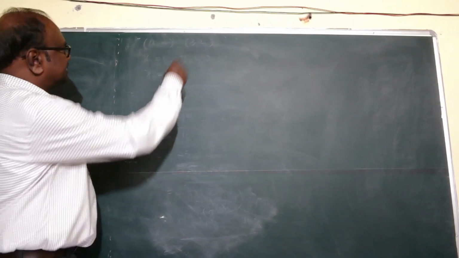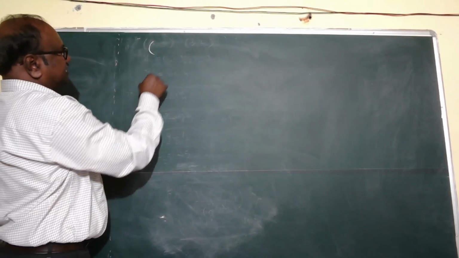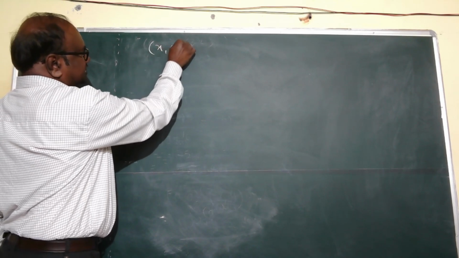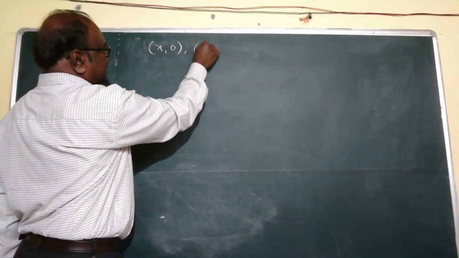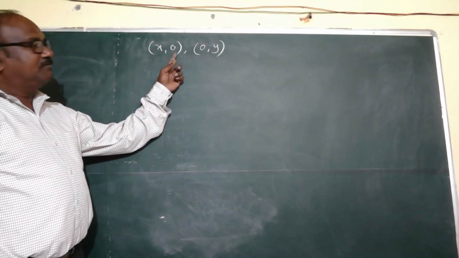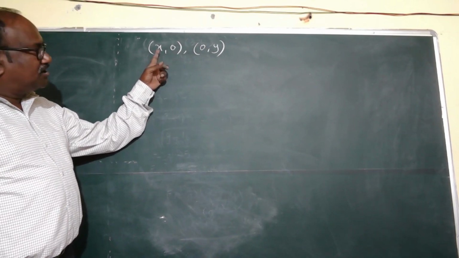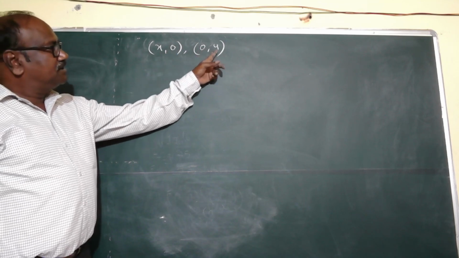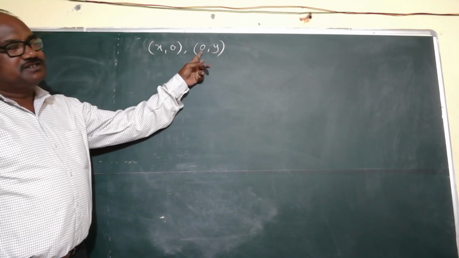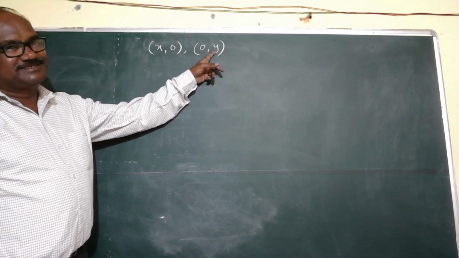One more case let us discuss here. If 2 points are given, x, 0 and 0, y: here x, 0, if y coordinate is 0, it lies on the x axis. A point 0, y means here x coordinate is 0, y coordinate is y, it lies on the y axis. Okay.